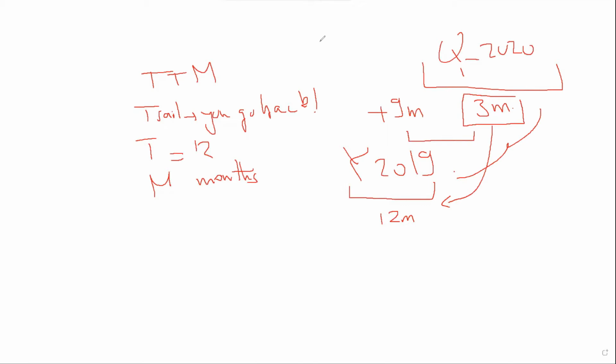So what we do is we include 9 months back, which means Q4 of 2019, Q3 of 2019, and Q2 of 2019. If we add all 3 quarters, we're going to have 9 months. So we add the values and then we pour them on top of the Q1 2020. And this way, we can actually have some kind of a comparison.